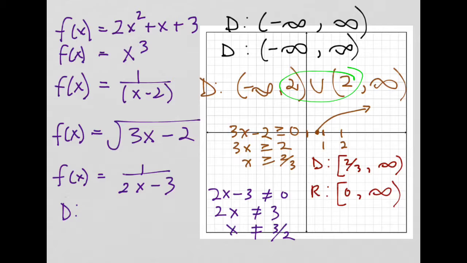All right, so I've got a split domain here as well. Okay, 3/2, not in the domain. Everything else is, except for 3/2. So we're going to have a split domain right in the middle there. And that's how you represent that the 3/2 is not in the domain. Okay, so let's just leave it at that for now. That's a good introduction to using set notation when you're talking about domain and range.